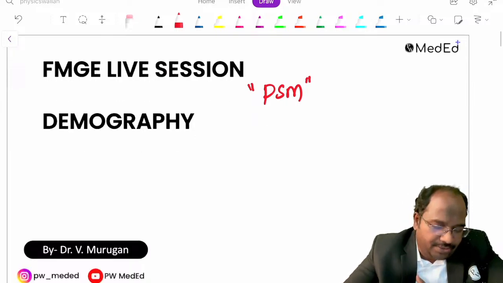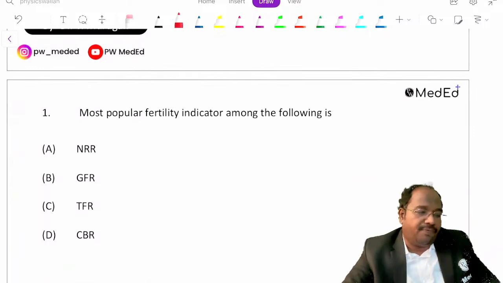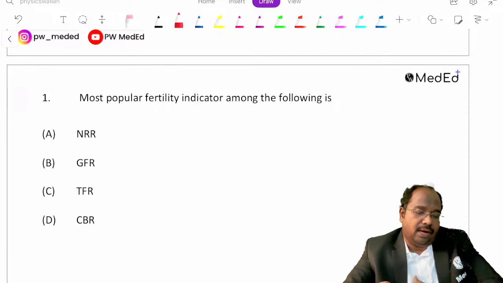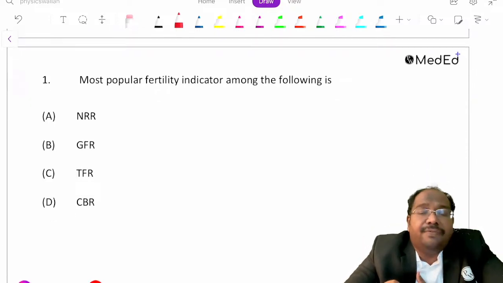Now we'll go to the question. Answer this question, guys. The most popular fertility indicator among the following is what?